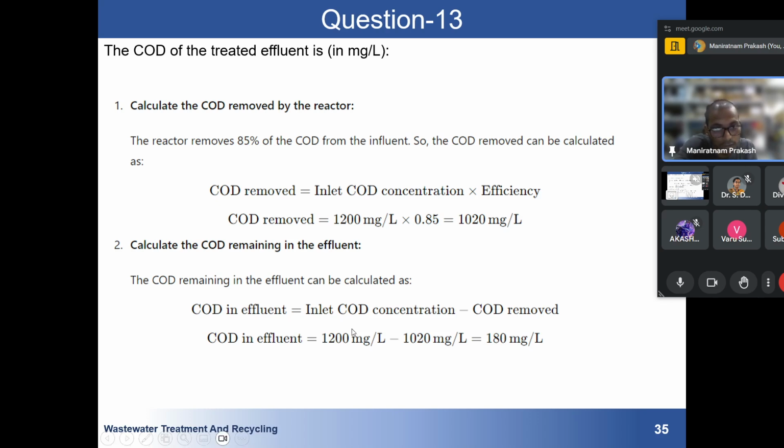Inlet COD was 1200 milligram per liter, COD removed was 1020 milligram per liter, so in the effluent we will receive 180 milligram per liter. We know the efficiency was 85%, and based on that we have calculated our effluent COD. You can make a box also: incoming is 1200 and outgoing is 180.